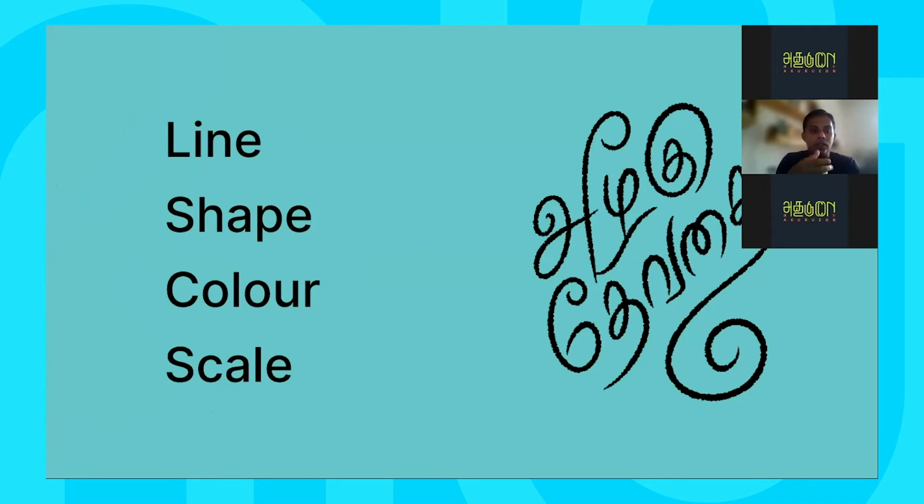These are the 3 or 4 things that always come into play when it comes to letter forming: the line, shape, color, and the scale. When you change these elements, different types of emotions come into play, so we will be looking at that in the workshop as well.